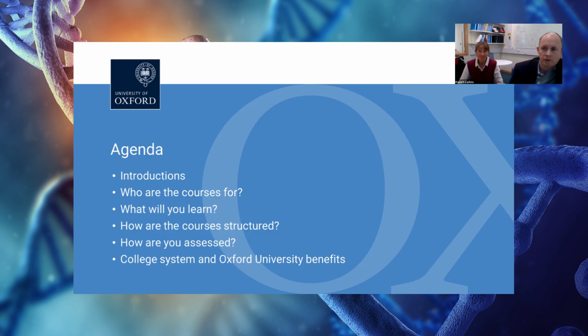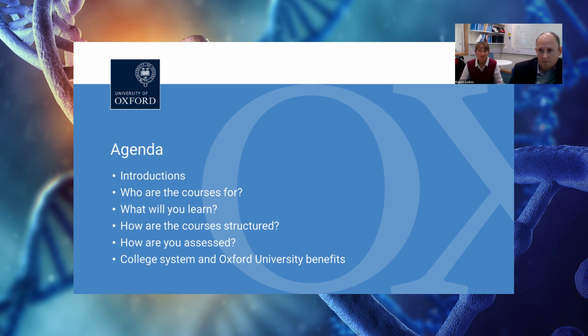And so what we're going to do today is talk through the course. We'll do some introductions to myself and Christian first, and then we'll talk about what type of students typically attend the course. We'll talk about what you will learn. We'll talk about how the course is structured and how all the different modules of the course fit together and how they are delivered.